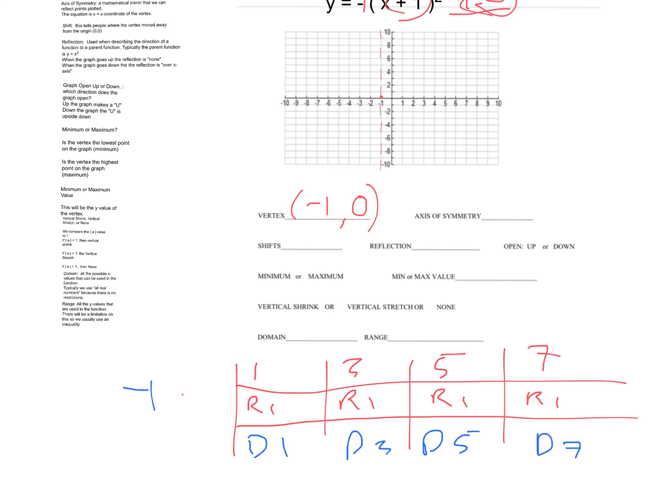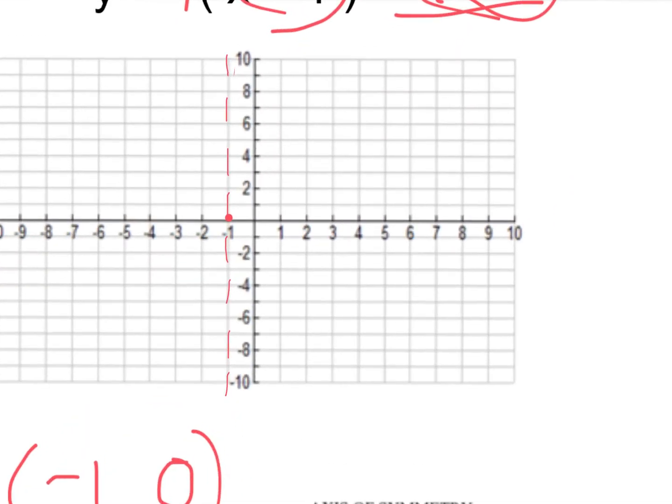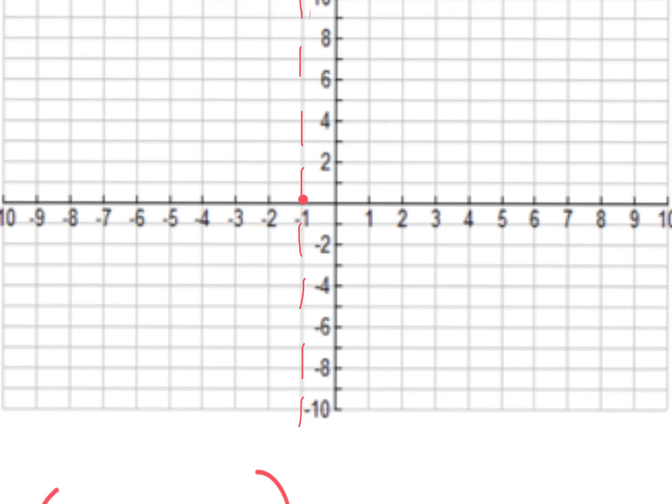Alright, so here we go, folks. Right 1, down 1. Right 1, down 3. Right 1, down 5. Now we reflect. So one space, one space. 1, 2, so 1, 2.